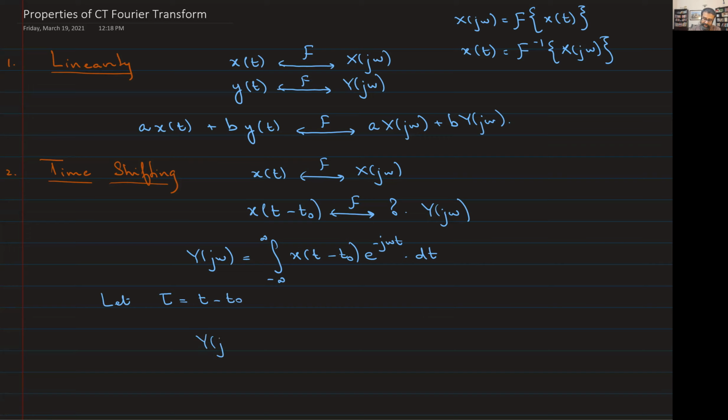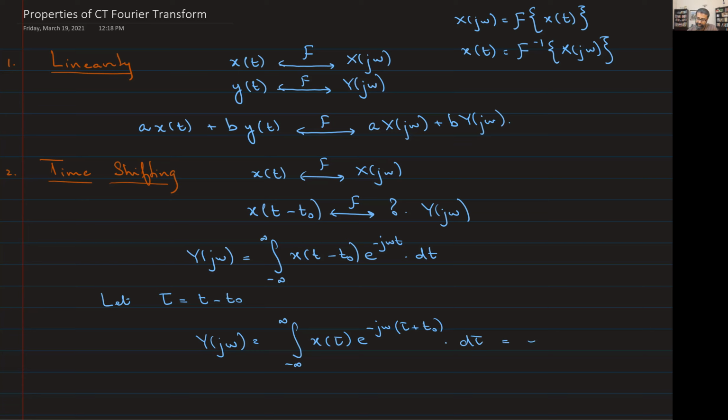Then Y of j omega is equal to the integral, and the limits stay the same because they're from minus infinity to plus infinity. This becomes x of tau, and e raised to power minus j omega times t, where t is equal to tau plus t naught. And dt is the same as d tau because it is just a translation.